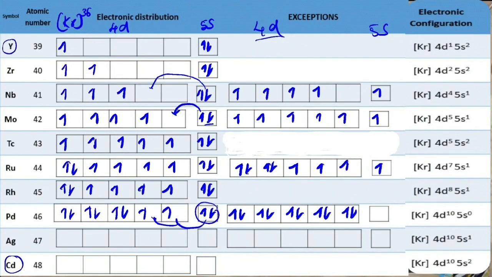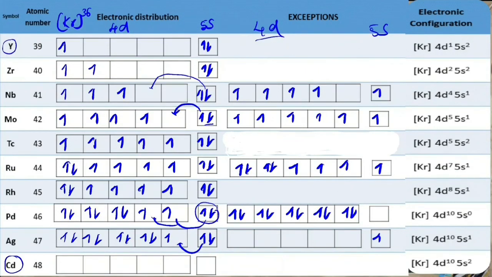And for silver with the atomic number 47, which is similar to the copper configuration, this is the expected configuration: krypton 36, 5s2, 38, 39, 40, 41, 42, 43, 44, 45, 46, 47. If the s electron is placed here, this will be full-filled and this 5s orbital will be half-filled.